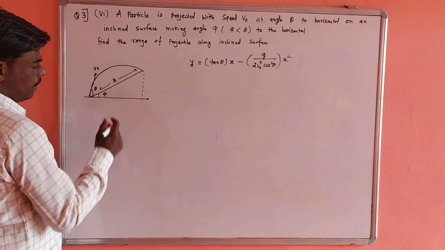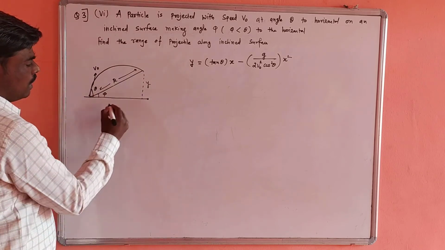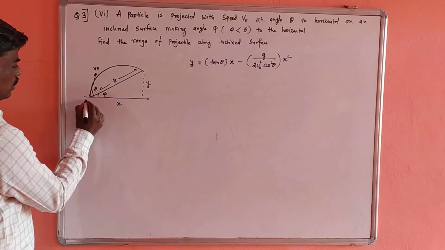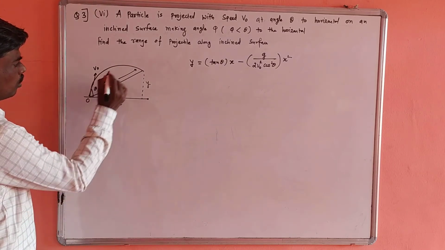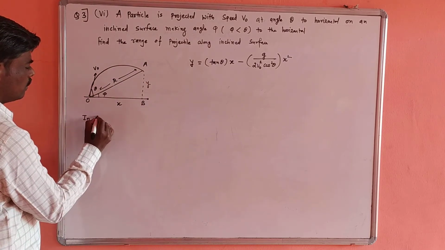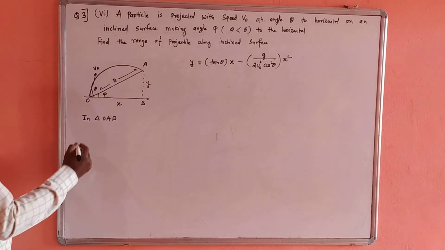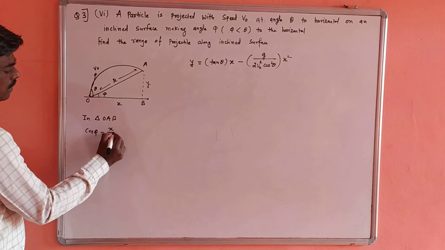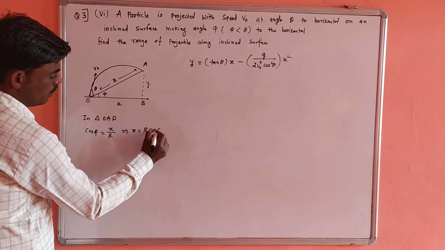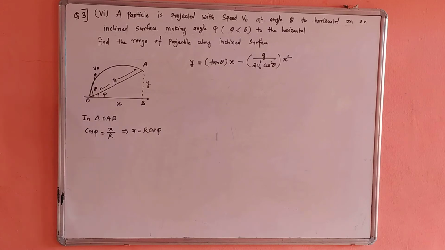So from this figure, y is the vertical displacement and x is the horizontal displacement. If I consider these points O, A, B, then in triangle OAB, cos phi is x by r, that means x is equal to r cos phi, which is the horizontal displacement.